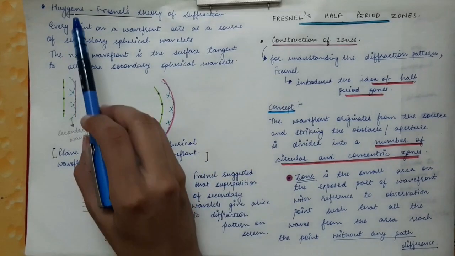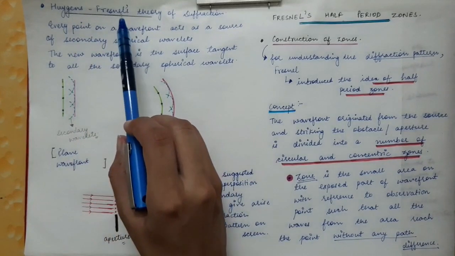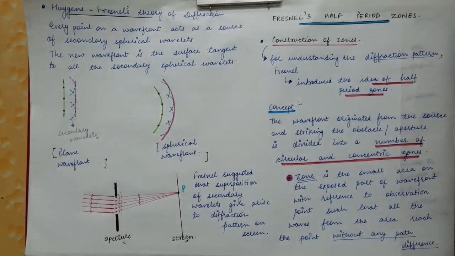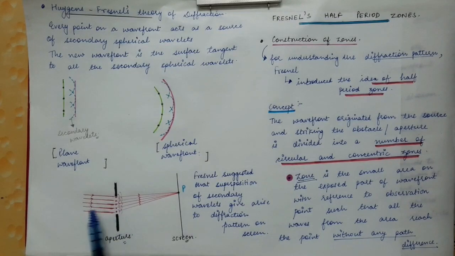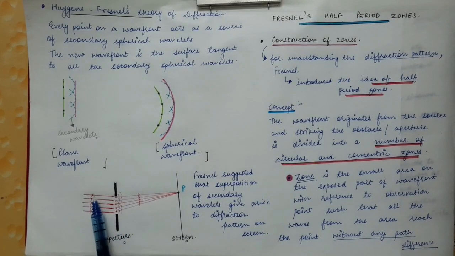So this is the Huygens principle, and Fresnel used the Huygens principle to explain the theory of diffraction. Now this is the plane wavefront. These are the parallel rays falling on this aperture, so the wavefront will be a plane wavefront.